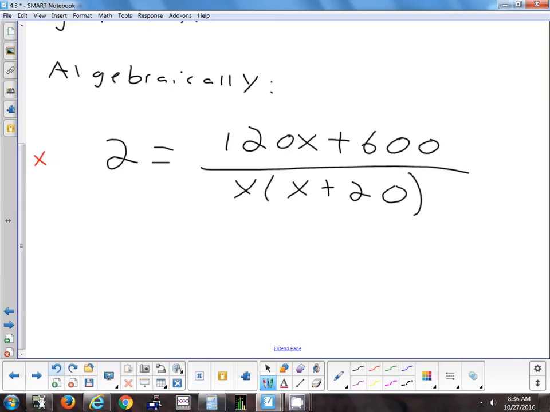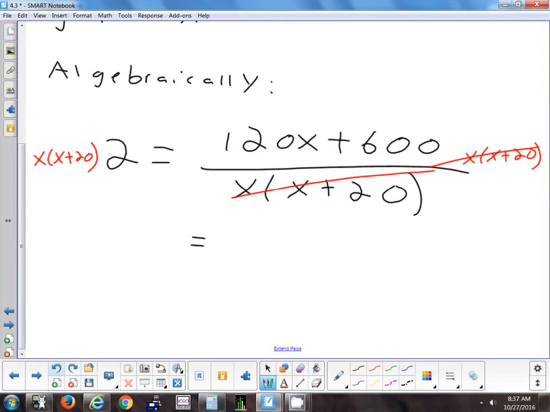Okay, so it's x plus 20 on the left, and then x plus 20 on the right. That's going to cancel out your denominator. And Quinn, what is that going to leave me with if I do all this out on the left? x times 2x plus 40. Yep, and can you go ahead and do that part out as well?